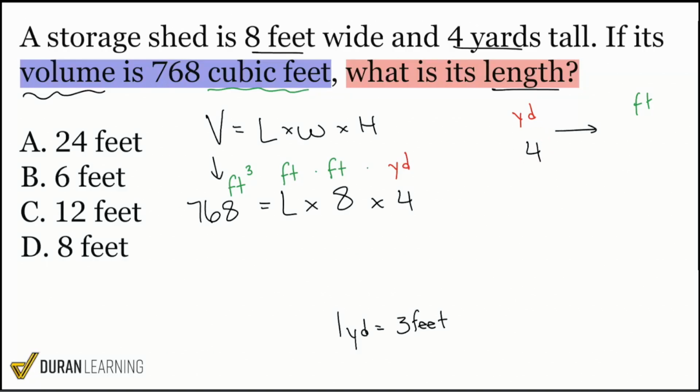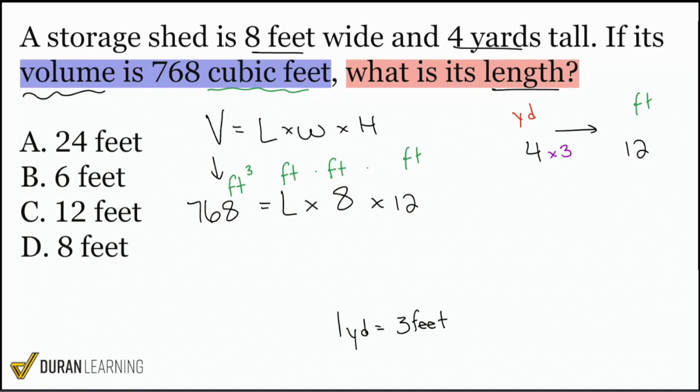So for every yard we have, we multiply by 3 to get the number of feet, which is going to be 12. Now I have what I need. Now I can remove this over here and bring in the actual height. Now we're good to go.